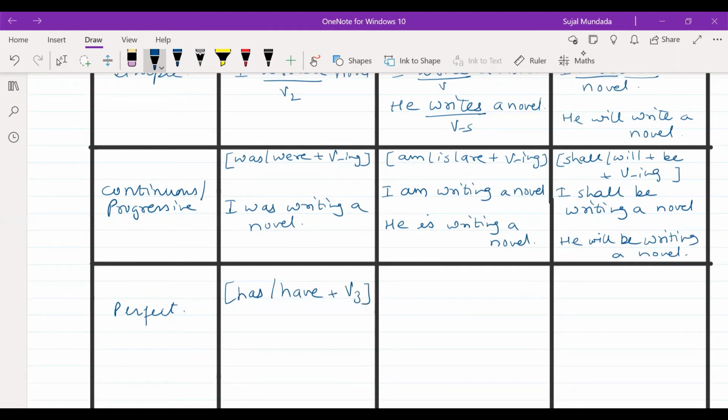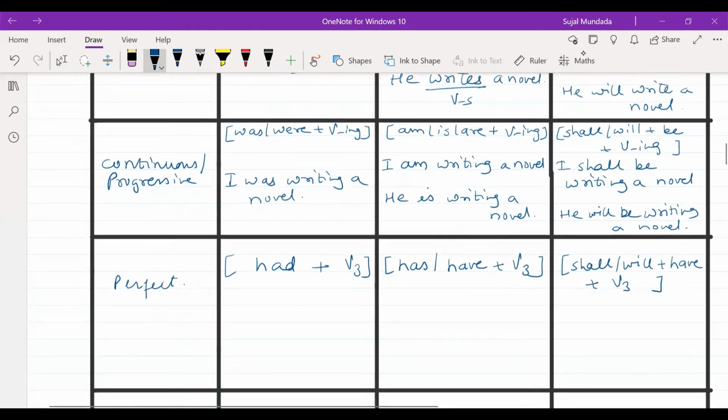In present perfect tense, we will have the structure has or have plus V3. Whereas future perfect tense, the structure will be shall or will plus have plus V3.